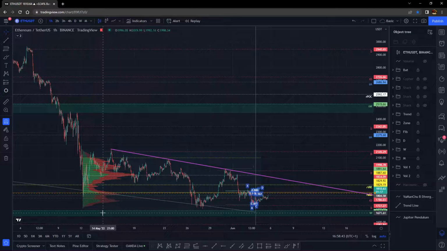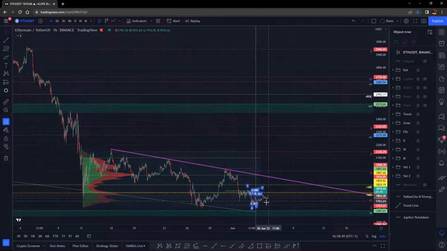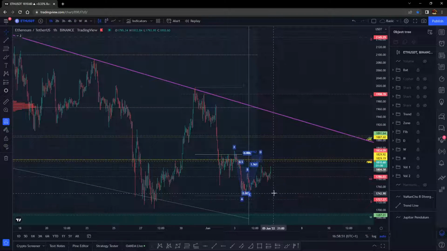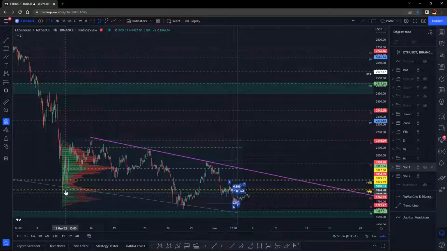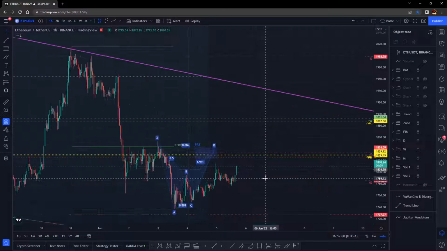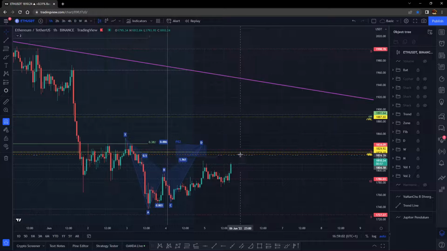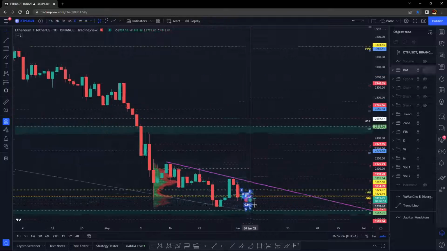Now when you fall through a level, it becomes resistance. So the bottom of that range, the volume profile value area low, is at the same area as the daily level.